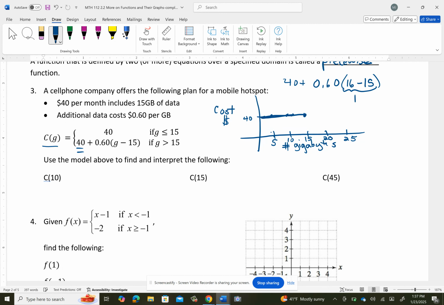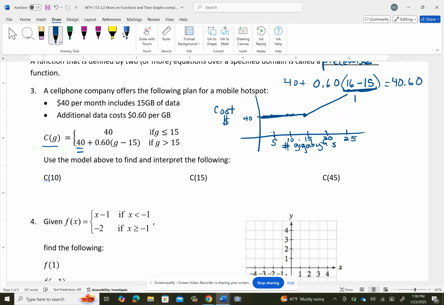What that's doing is finding how many extra gigabytes I was purchasing. I would need to pay 60 cents for every additional gigabyte. So for 16, I'd be just a smidgen above 40, at $40.60. After 15, this is going to start going up by 60 cents for every additional gigabyte of data.